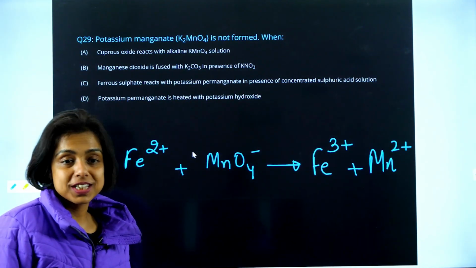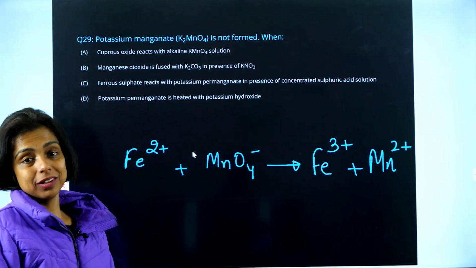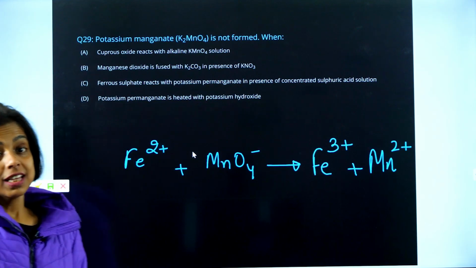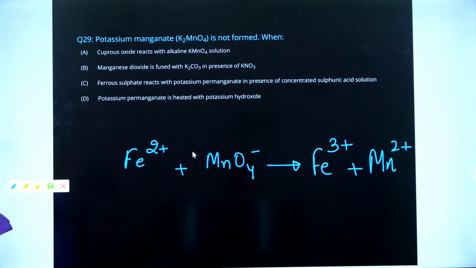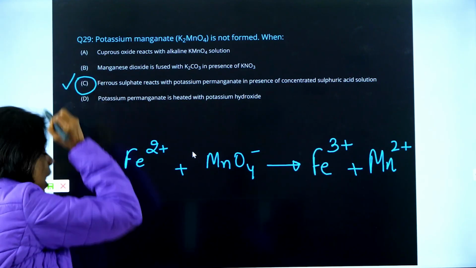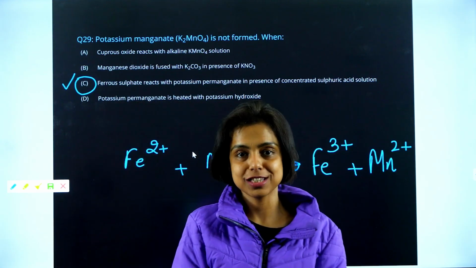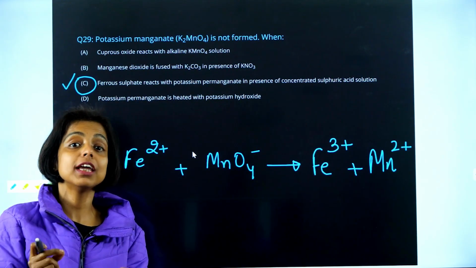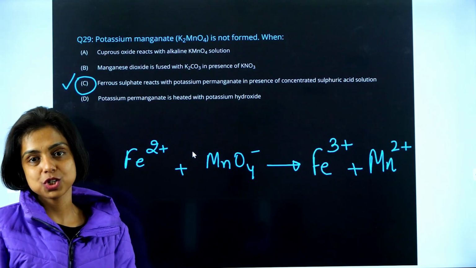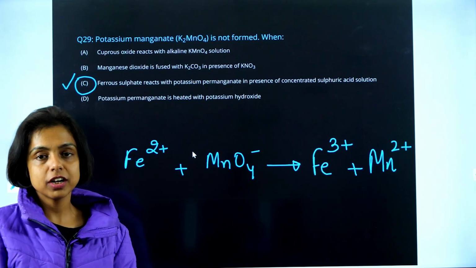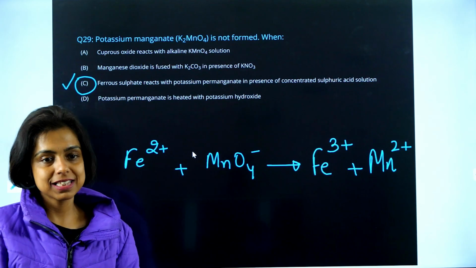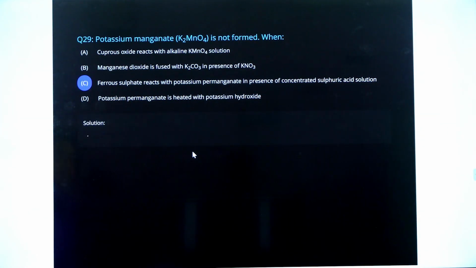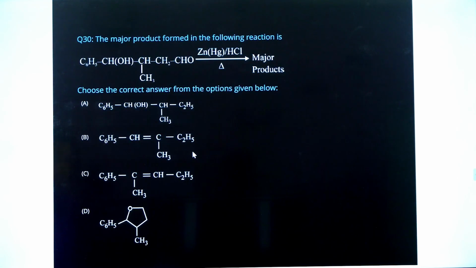So the oxidation state of manganese is +2 in the final product, not as in KMnO4 where the oxidation state is +7. So even if you don't know the other reactions, you can easily mark your answer using the knowledge you have acquired in redox reactions, because it is a very commonly used equation, and we definitely do it while learning the balancing in acidic medium, right? So indeed, guys, as I said, the answer is C. Let's move on to the next question.